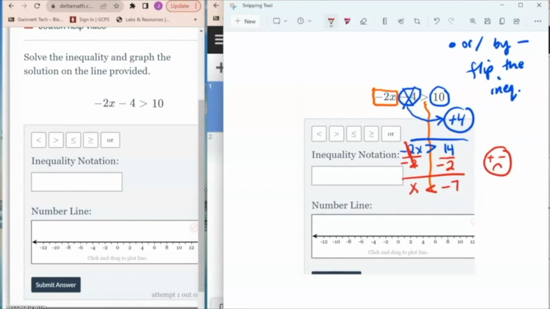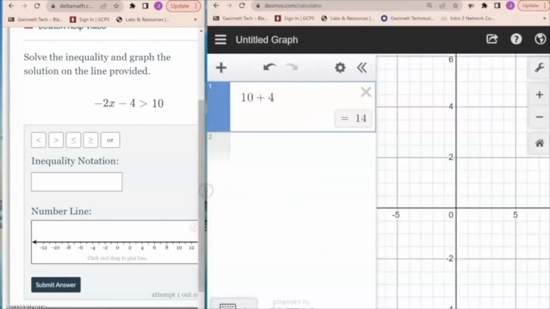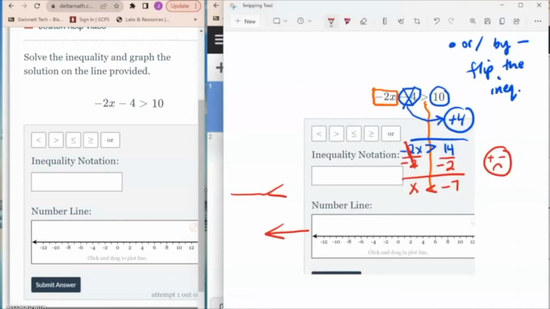So the reason I wanted you to keep the boxes on the left is so that you can graph it the way I'm going to do it. So you copy your inequality 2 times, the same one, whatever it is. You draw a line from the left and a line from the right. And then you ask yourself, which one of those 2 lines looks like an arrow? So does this look like an arrow, or does this? This one does, right? So this arrow is actually going to be going in this direction.